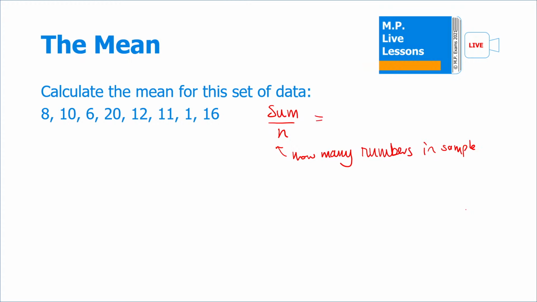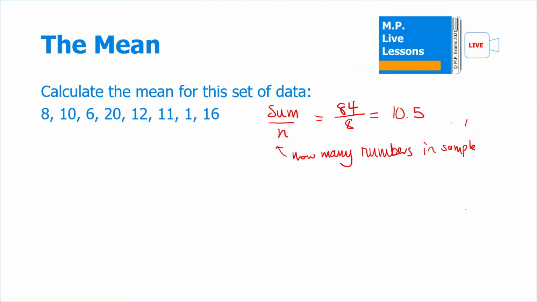Here we get 10, 6, 20, 12, 11, 1, and 16, which is 84, divided by 8. This gets us 10.5.